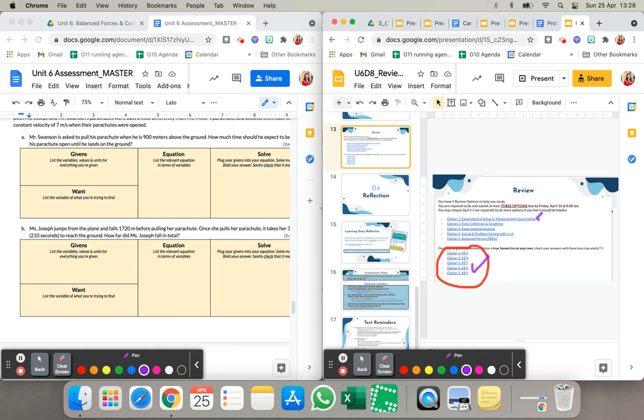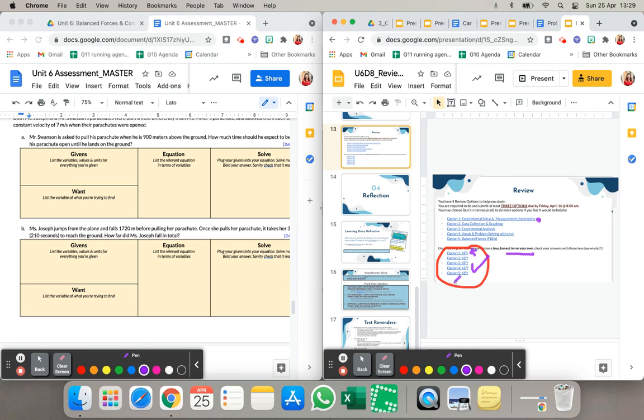If you're feeling unsure about measurement uncertainty or you don't know that you could fully explain measurement uncertainty, using the review option key can help you check yourself. And then if you encounter something in the key that's different from what you thought after you tried the problem on your own, that's a good indication that you can come to office hours, you can come chat with us, you can come tag us to make sure you get any questions answered before the assessment.